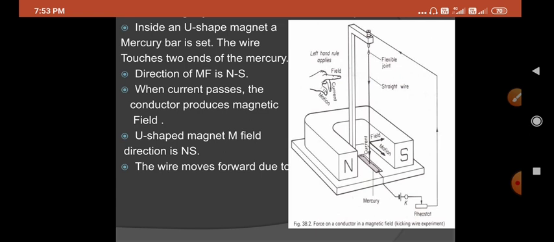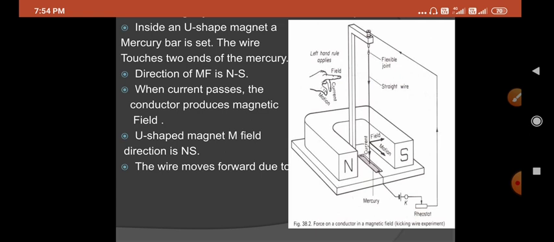Again it will go back, and as soon as it touches the mercury, current will flow again, the same process will happen again, and you will see that continuously the wire is moving to and fro. So this is a practical thing that happens when current is passing through a certain setup.